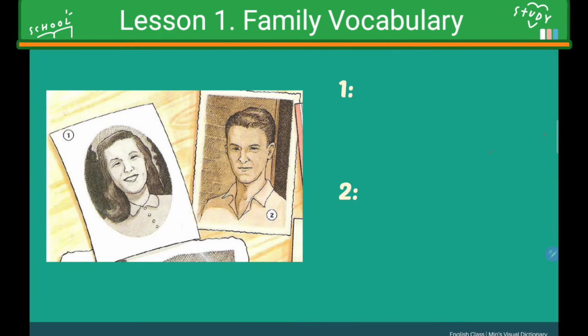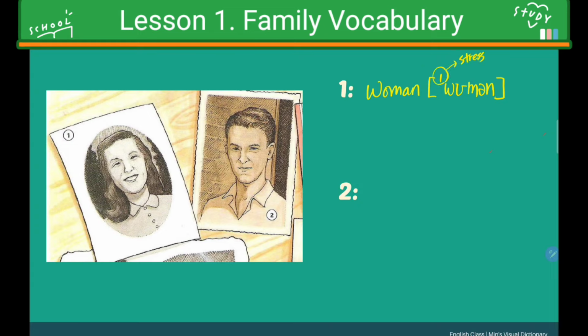Number 1. We have a picture of woman. And in phonetic symbol, it looks like this. So over here we have a stress symbol.